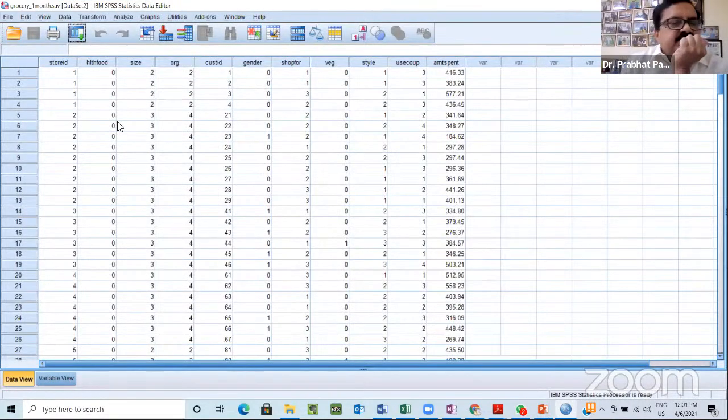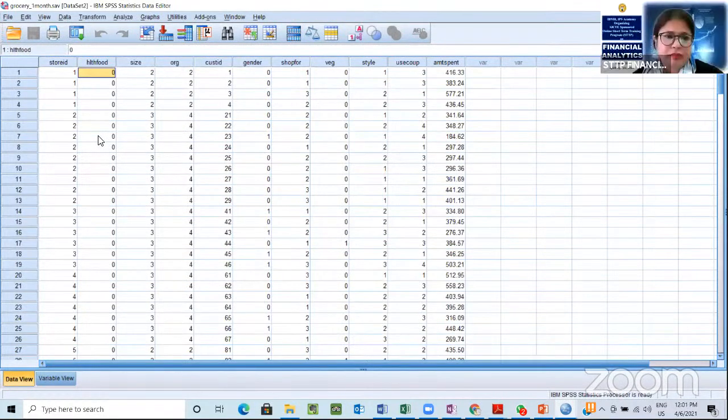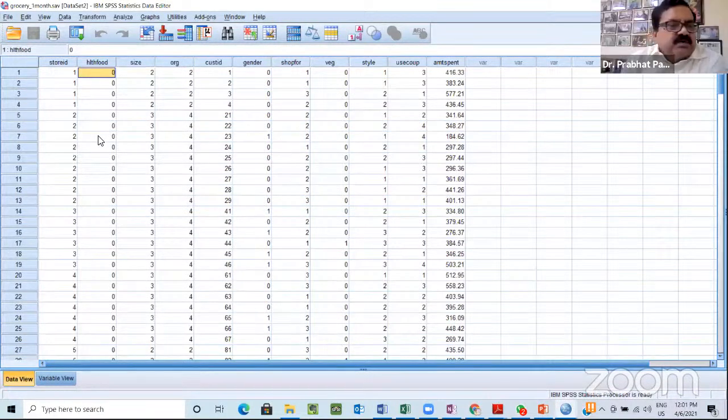This data is about a grocery shop where you have the store ID, meaning the different places where the stores are located; whether health food is kept in the store or not; the size of the store; organization kind, type; customer ID; gender; shopping for veg or non-veg; shopping style of the customer; whether they are using the coupon or not; and the amount they spent when they come to purchase. So I'm going to use ANOVA and ANCOVA models just to model the amount spent by the customer. This gives you an idea about how ANOVA and ANCOVA work, and after that we'll move to regression.